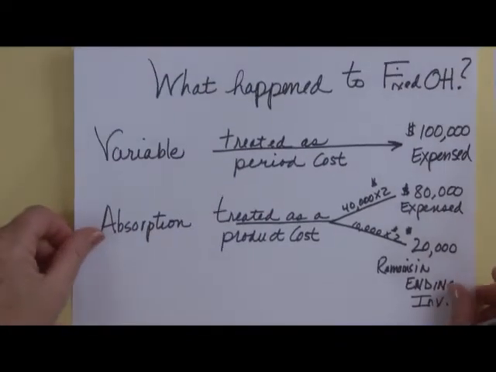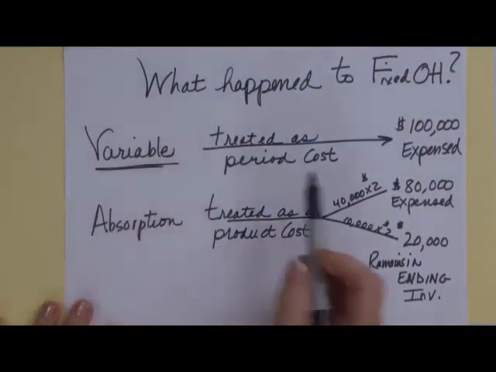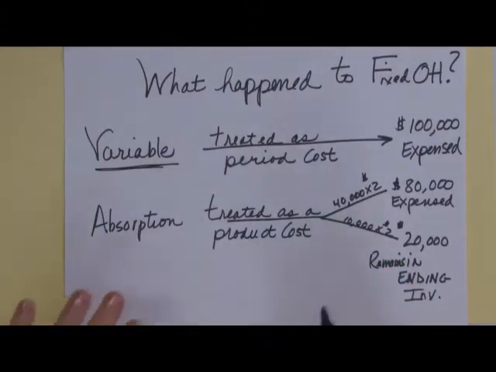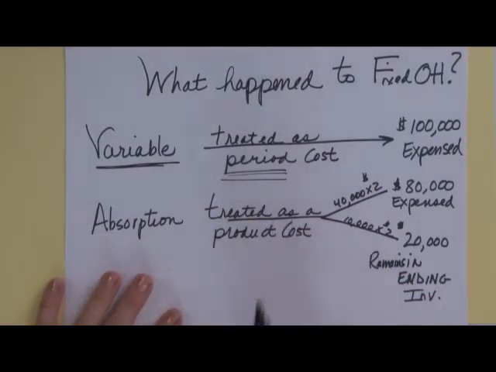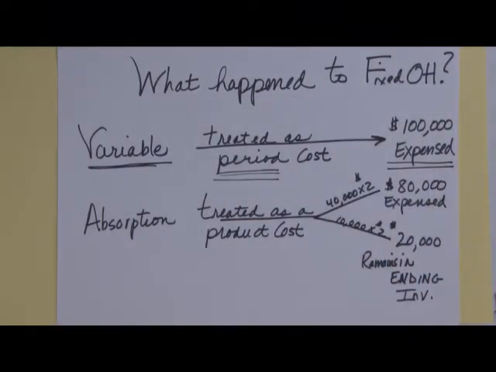Now let's take a closer look at what happened to the fixed overhead under both of these systems. Remember, the key difference is fixed overhead. So what happened? When we use variable costing, we treat fixed overhead as a period cost. So this means the $100,000 is going to be expensed.